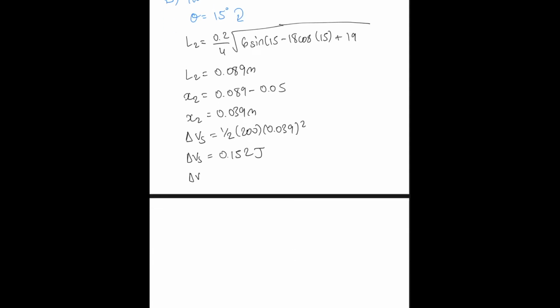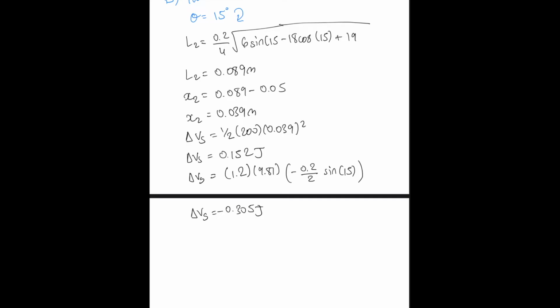Then we're going to plug our same values into the gravitational potential equation, which is mass 1.2 multiplied by 9.81 and minus 0.2 over 2 sine 15 for the z2, to give us a final value of minus 0.305 joules.